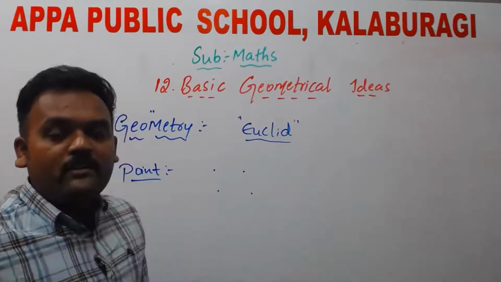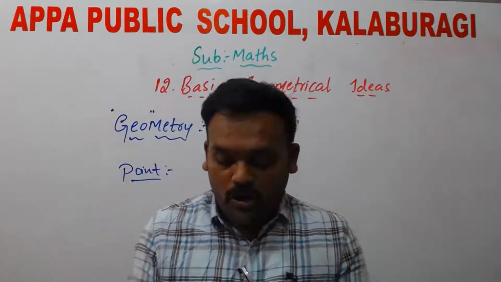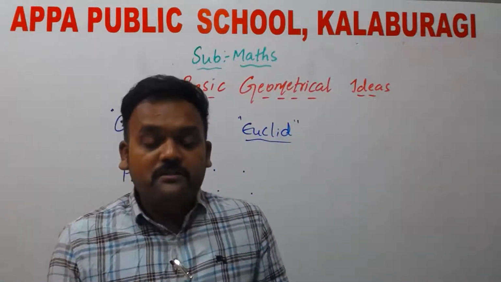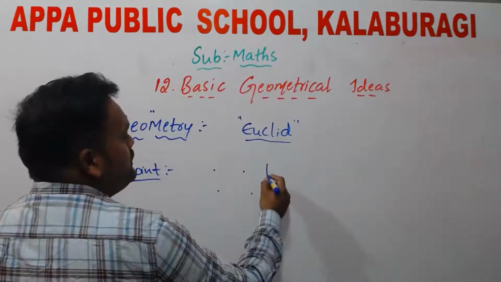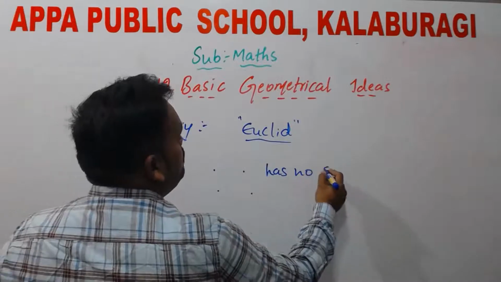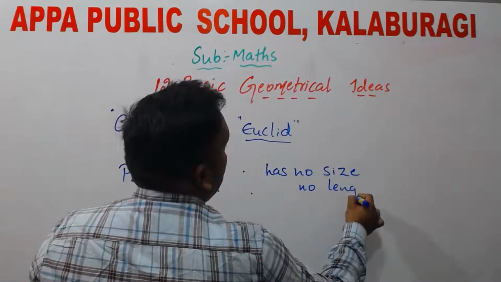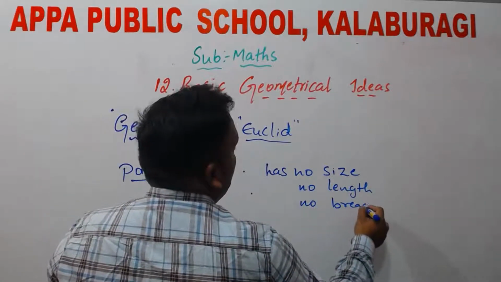Point means a mark of position. Another word for point is dot. A point in geometry has no size, no length, no breadth.